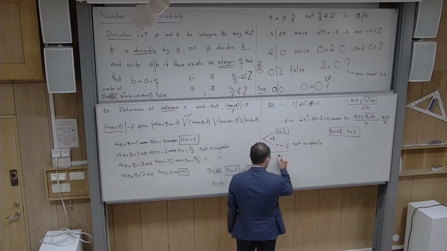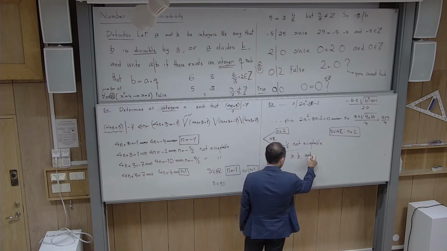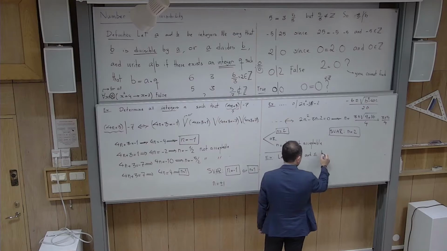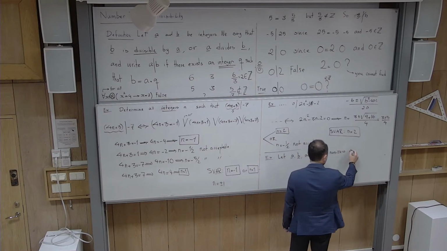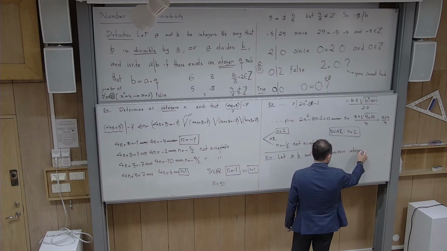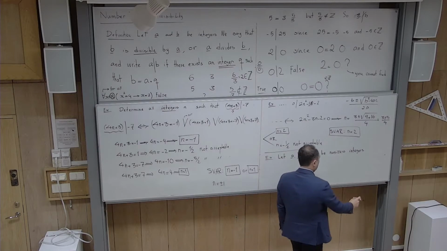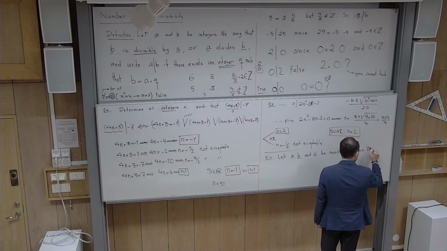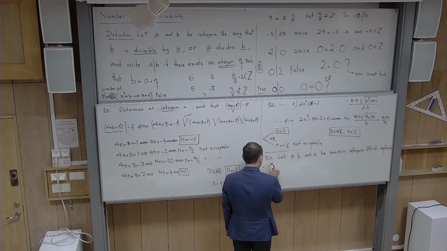Let a, b, and c be non-zero integers. Which implication, if any, is true?